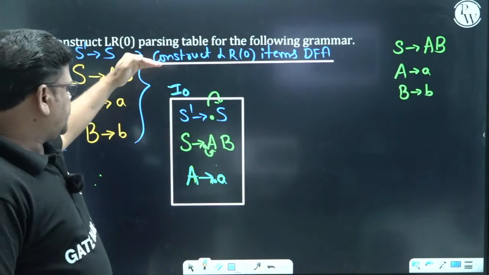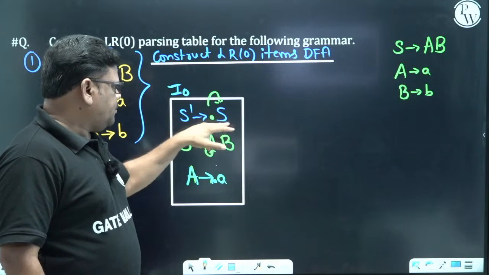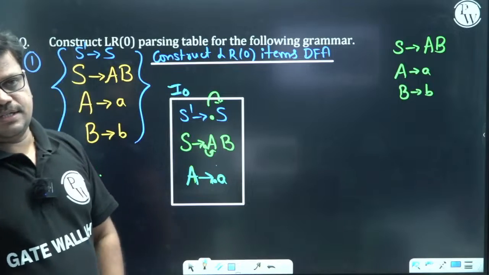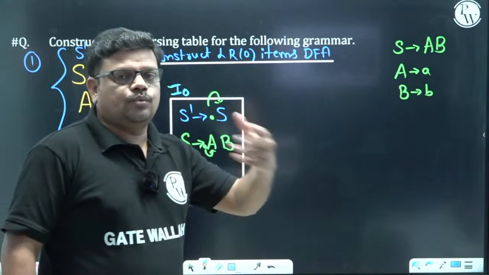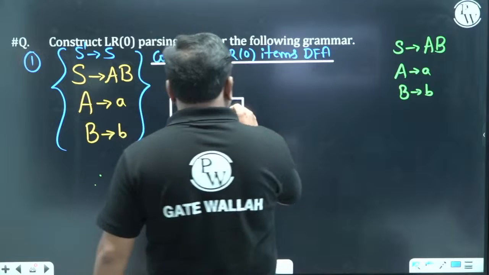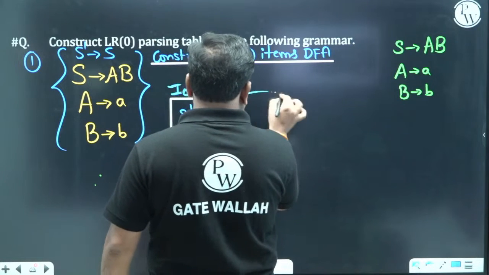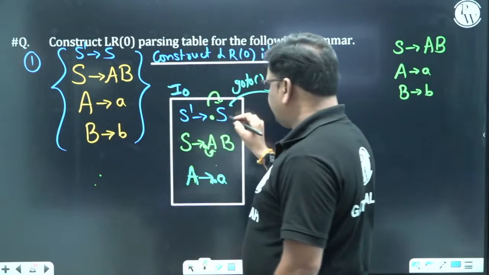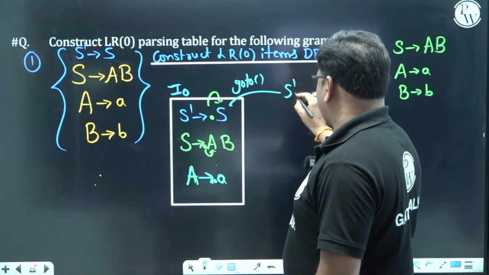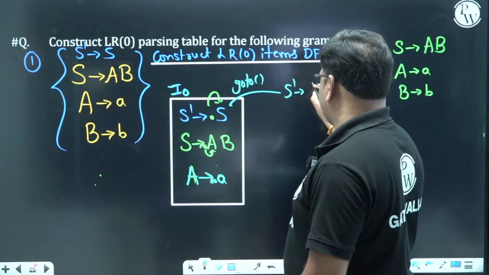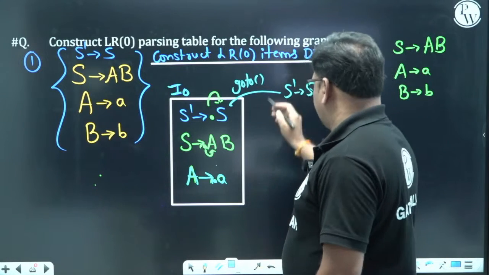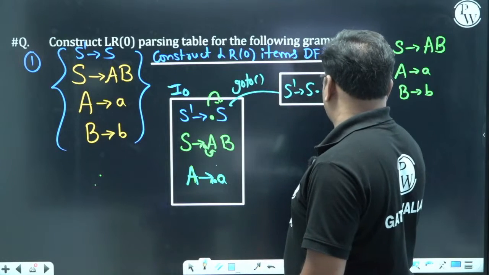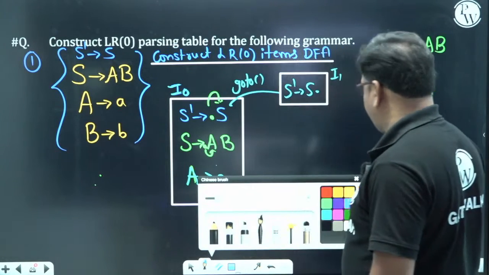That's all. At the I0 state, take the augmented production and apply closure. The closure results in this. Then go to goto. On every item we apply goto. Whenever you apply goto on this, it results in a state like this, where the dot is moving this side. We can name this I1.